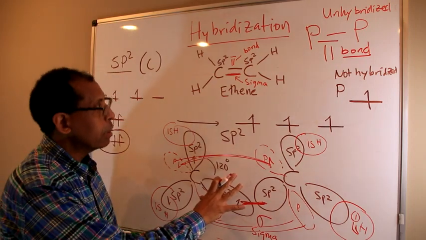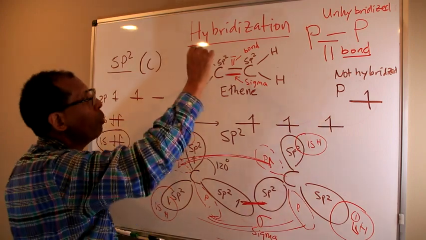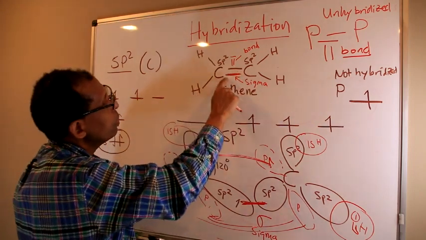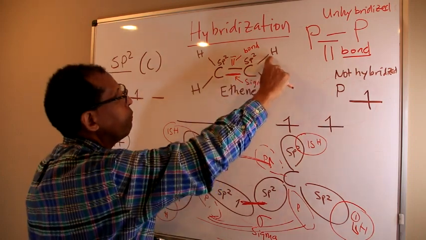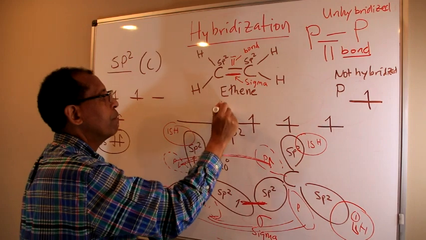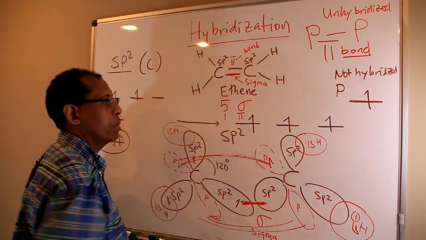So this is an ethene molecule where you have sigma bonds. How many sigma bonds? We have 1, 2, 3, 4, 5 sigma bonds. Ethene is formed from 5 sigmas and 1 pi bond.